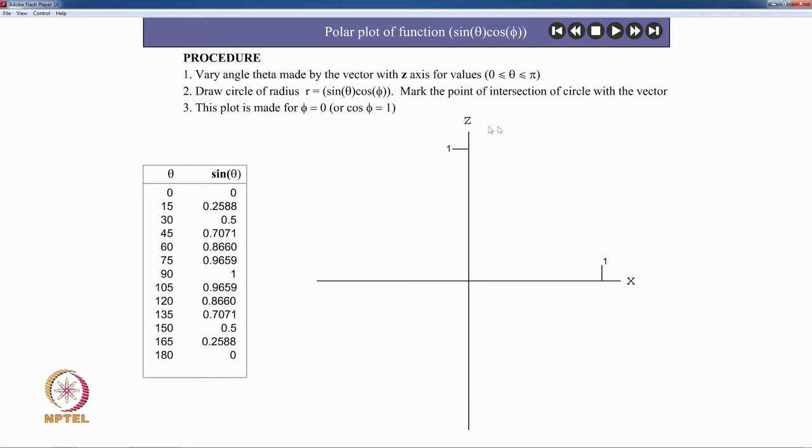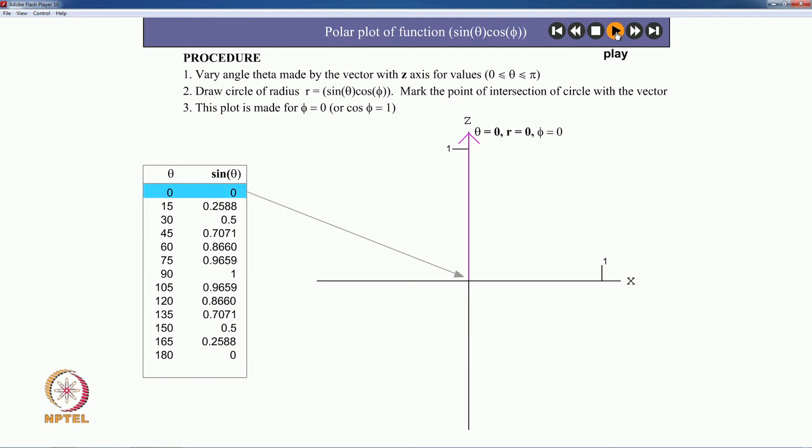So, let us first of all see the sin theta plot. Okay. Cos phi, I have kept it as 1 by choosing phi equal to 0. So, this plot is along the x axis and then this plot needs to be rotated as you go for various values of phi. While rotating it for various values of phi, you must also multiply the sin theta plot by cos phi.